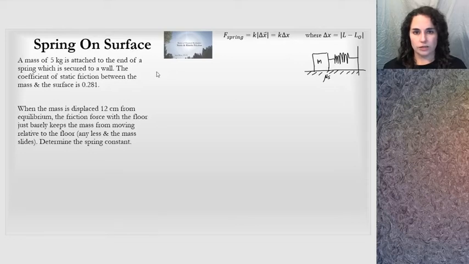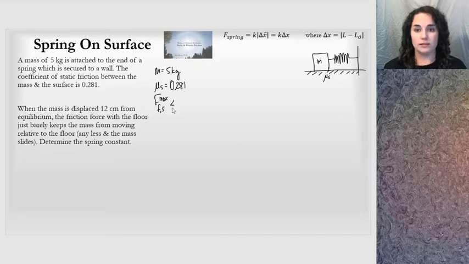And I can write this out over here. M equals 5 kilograms, and the coefficient of static friction, mu s, equals 0.281. I'm going to anticipate having to calculate a friction force somehow, and because they give me the coefficient of static friction, that suggests I may be calculating the maximum static frictional force.